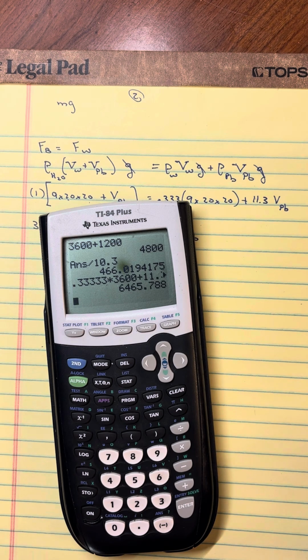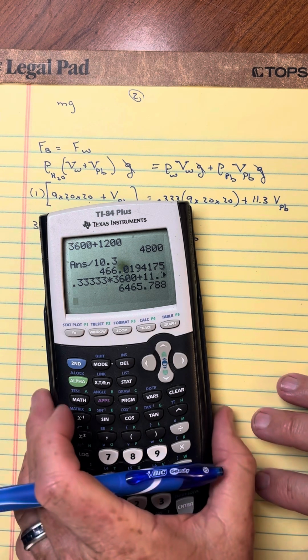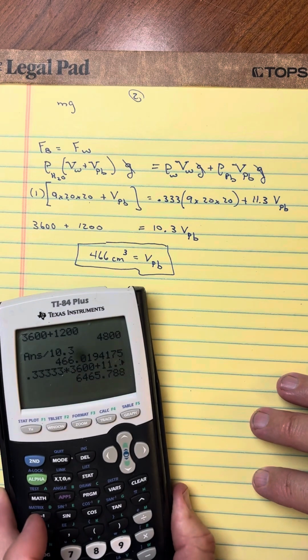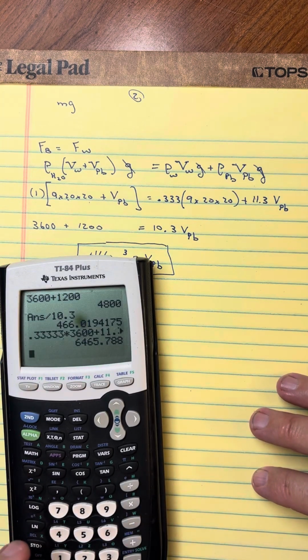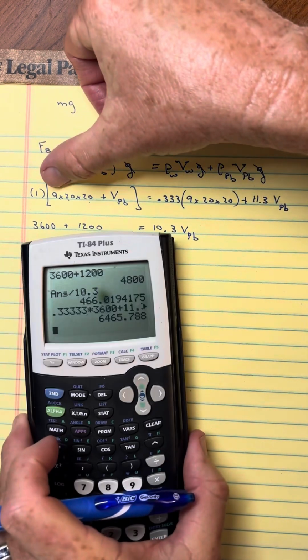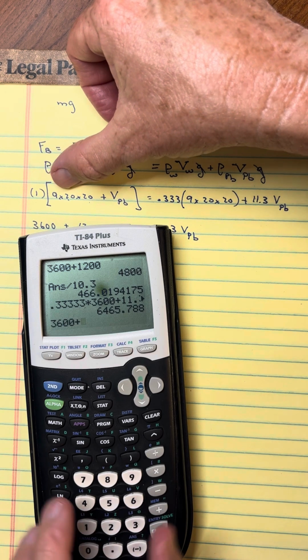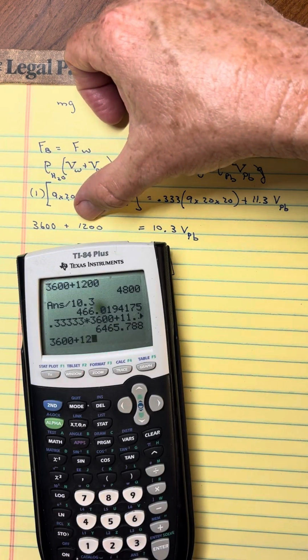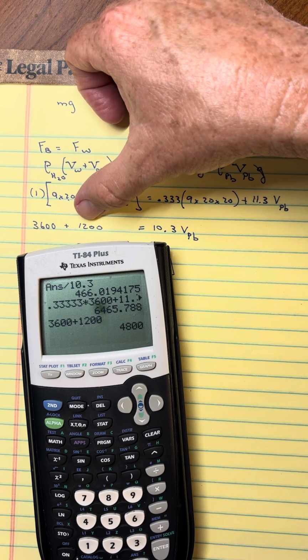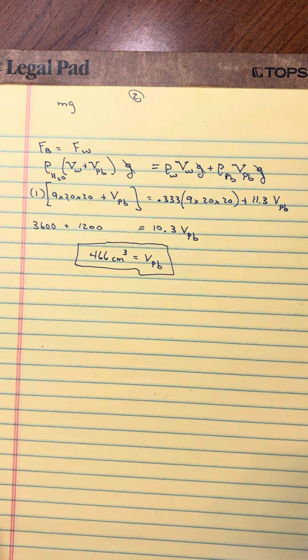Okay. That should come out to be the same as this side of the equation, which is, it doesn't seem quite right. 1,200. Ooh, 48. What did I do wrong here?